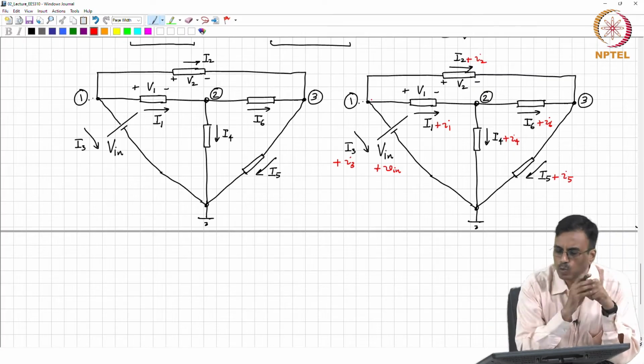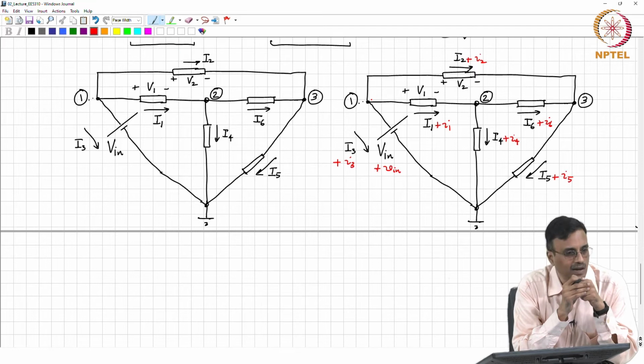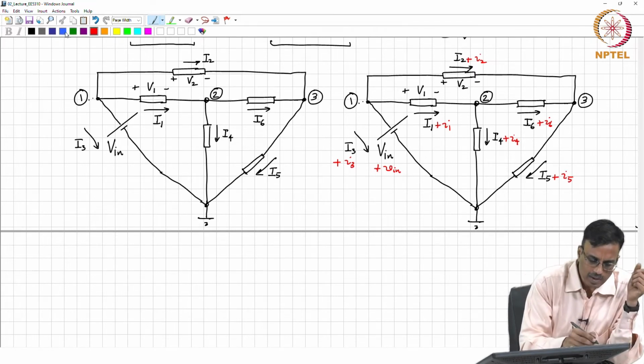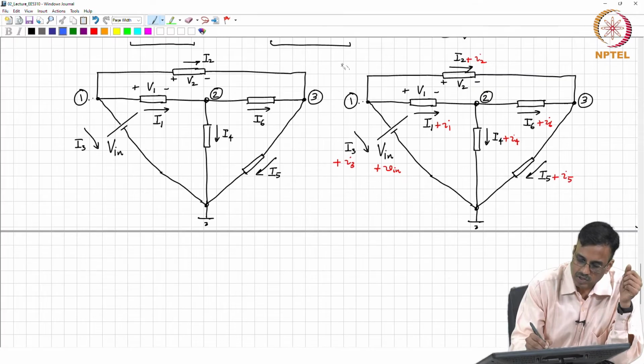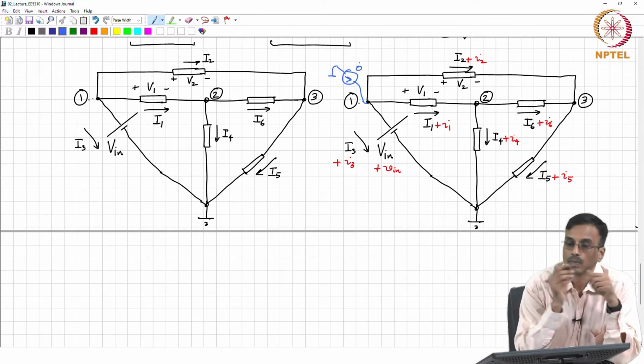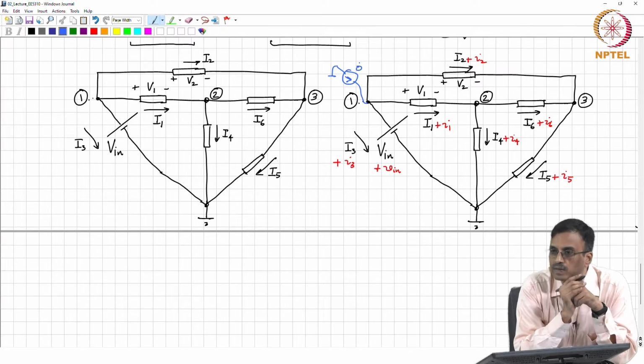Likewise the node voltages V1, V2, V3 will also change by small amounts. Now, quick question, if I add to this node a current which is 0, what comment can we make about the branch currents and the branch voltages?